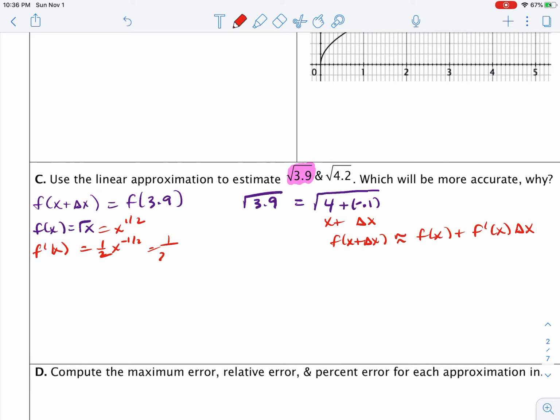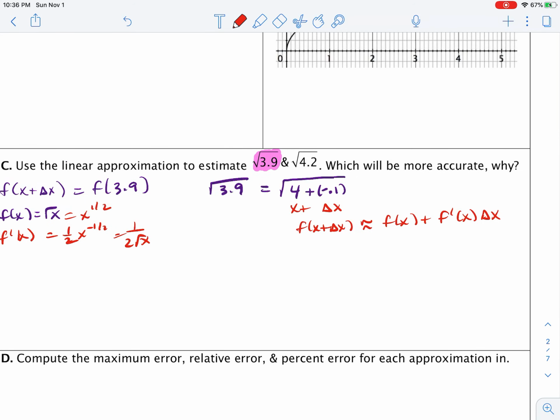The derivative is 1/2 times x to the minus 1/2, which is equal to 1 over 2 root x. So I can see that the square root of 3.9 is roughly going to equal the square root of 4 plus 1 over 2 times the square root of 4 times my delta x. And my delta x here is going to be negative 0.1.